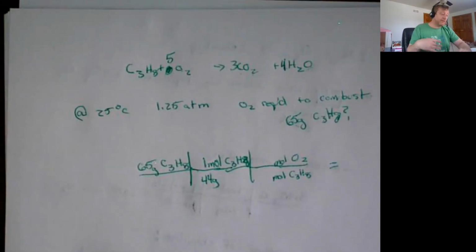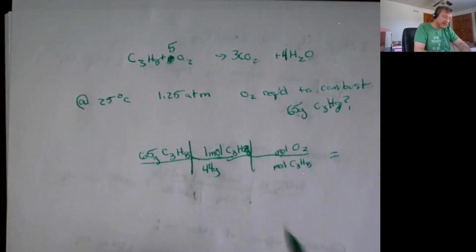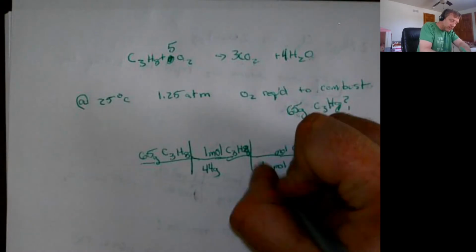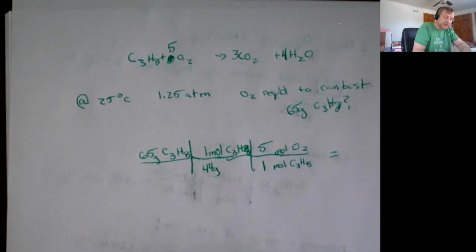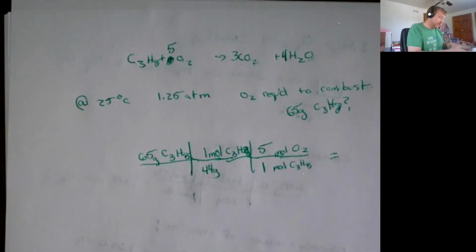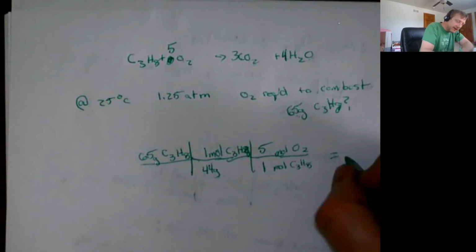So now I've got all these coefficients into my balanced chemical equation, and I can fill out my mole ratio. I'm going to say 1 mole of propane, and up here I'm going to say there are 5 moles of oxygen. Now it's just running it through my calculator, and it'll tell me how many moles of oxygen I need. And I need some 7.4 moles of oxygen.